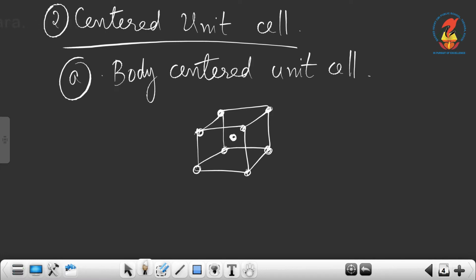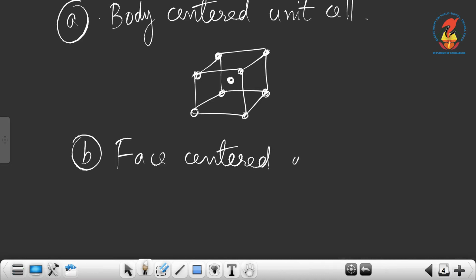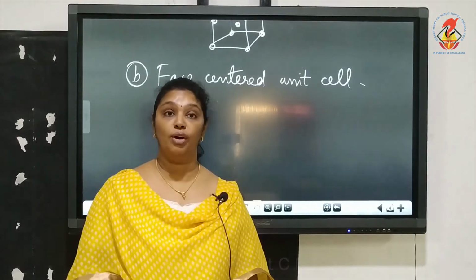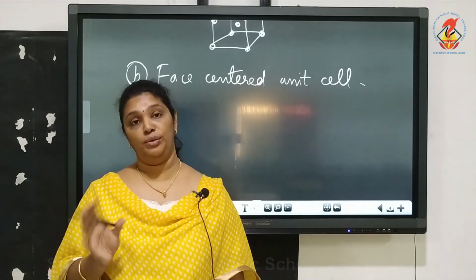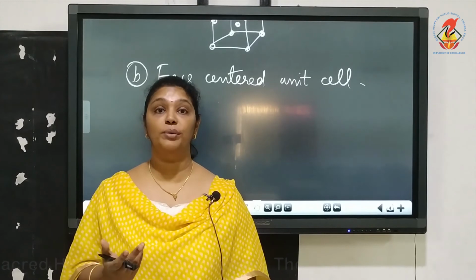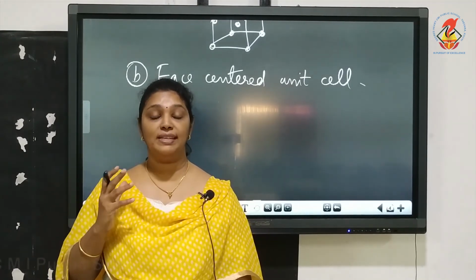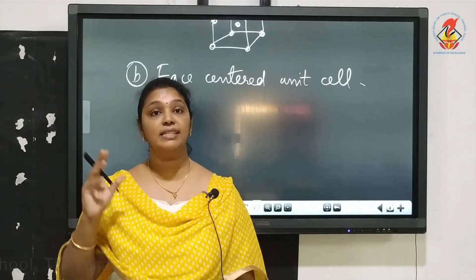Now next type of centered unit cell is face centered unit cell. Now face centered unit cell has atoms at the corners, plus we have atoms at the faces of the unit cell. And you know, for a cubic unit cell there are 6 faces. So if it's a cubic face centered unit cell, it will have atoms at 8 corners and atoms at 6 faces.